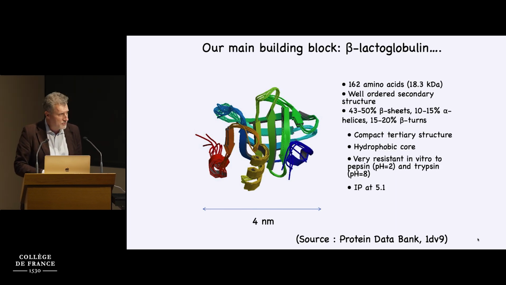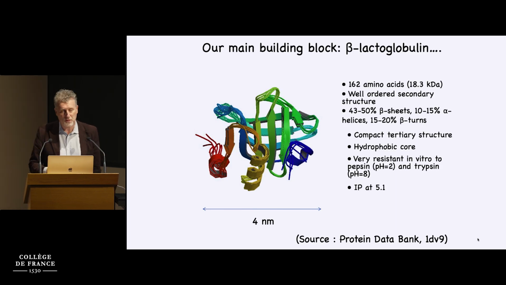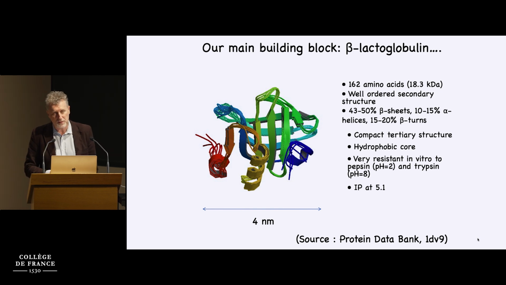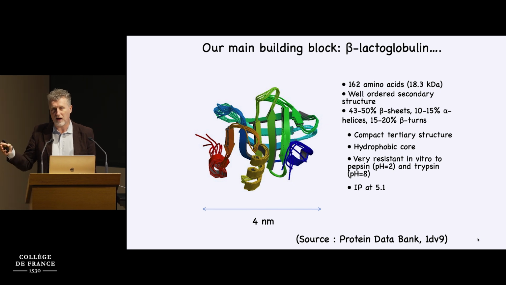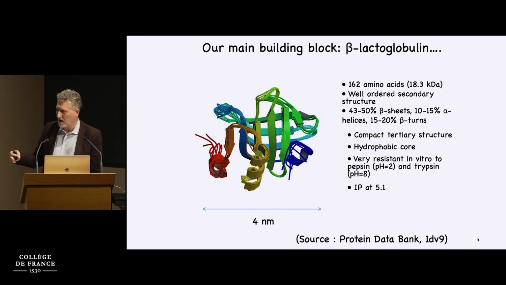And having introduced the interaction, I want to introduce our main player. This is beta-lactoglobulin. I've been working with this protein for almost 20 years. The reason why I like the protein is, of course, this is a model protein, but the reason why we started to work on that is because this comes from food waste. So this is the globular protein that you find in the serum, which is left after the cheese making process.